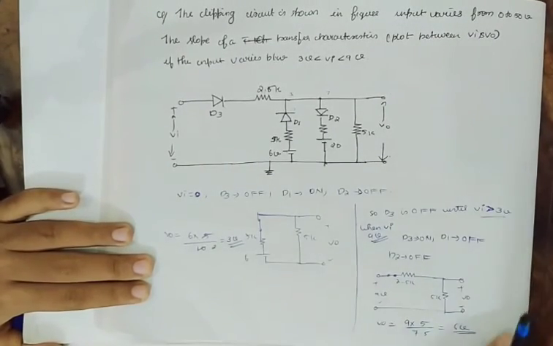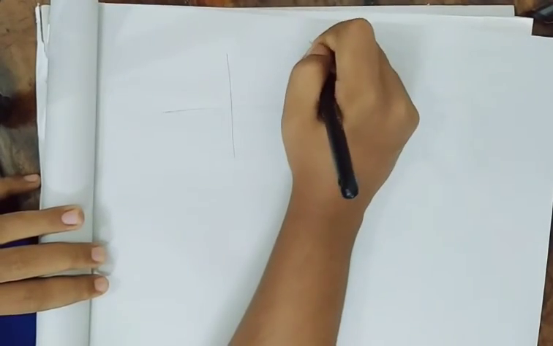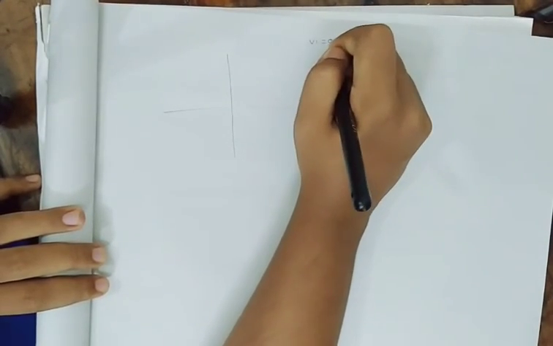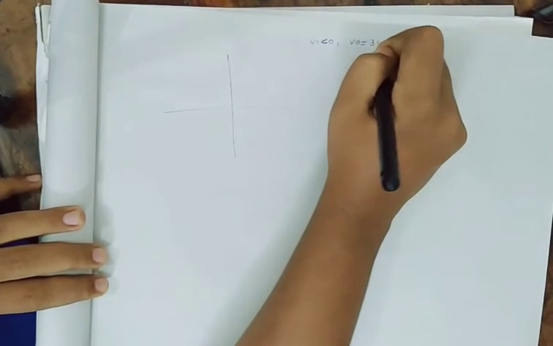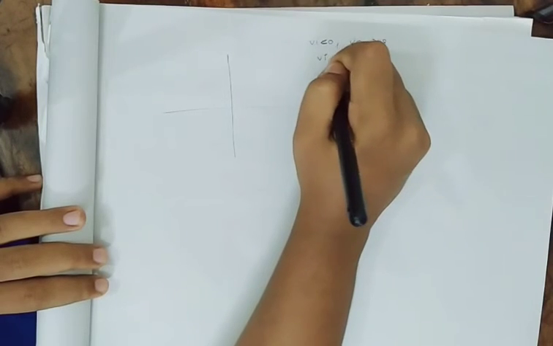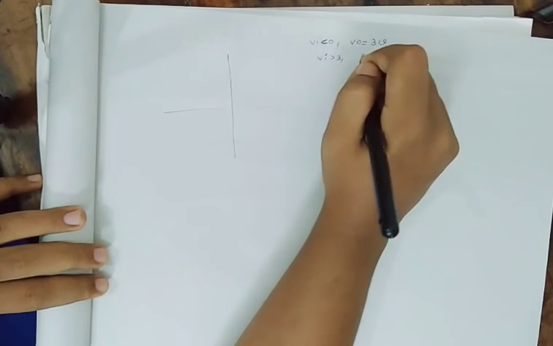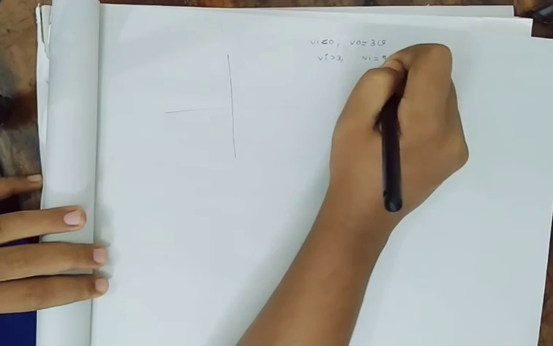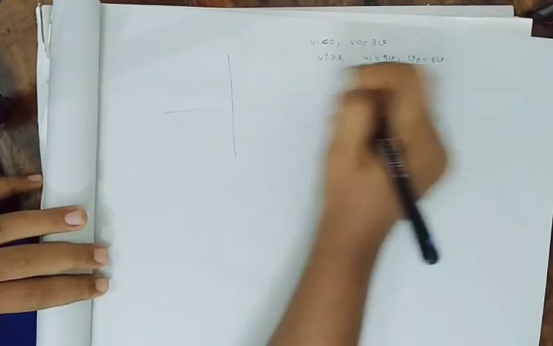And now I will draw the transfer function. If Vi is equal to 0 volt or less than 0 volt, the output V0 equal to 3 volt. And when Vi is greater than 3 volt, D3 starts conducting. And when Vi is equal to 9 volt, V0 equal to 6 volt.